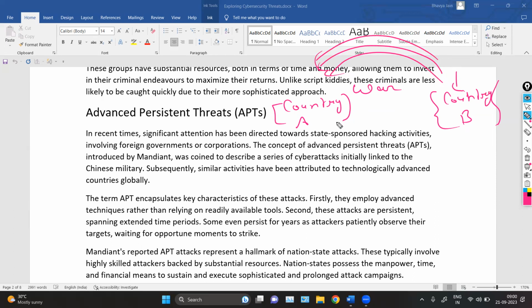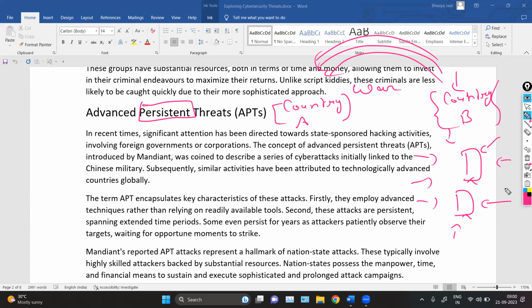So in that case, country A will create a persistent connection inside country B's systems, right? Let's say country B is using two main systems or servers. Now country A's hackers gain permanent access inside the systems.